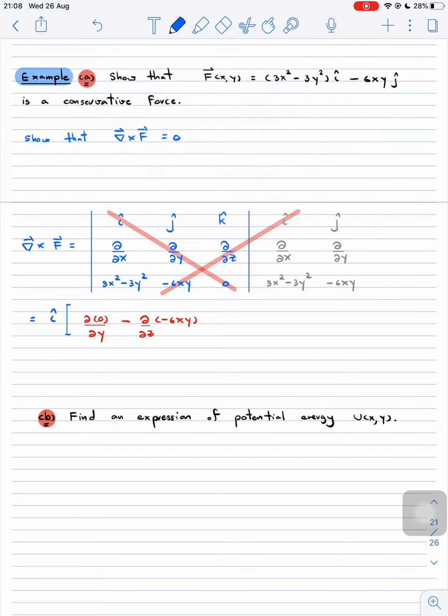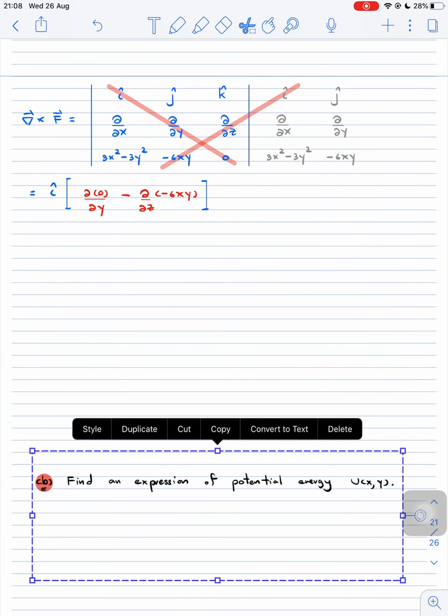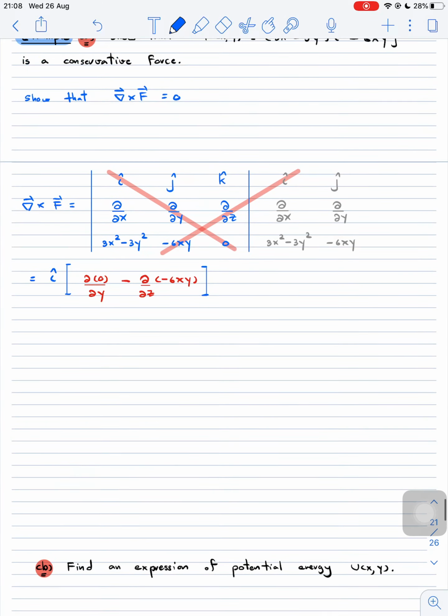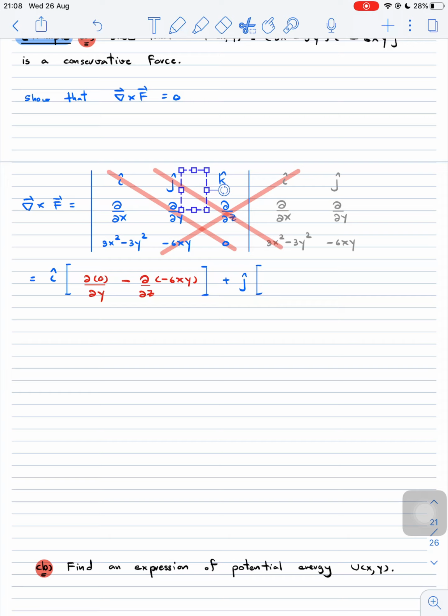Okay, this is with the i component of the function. Now for the j component, it's going to be this component, and this one.